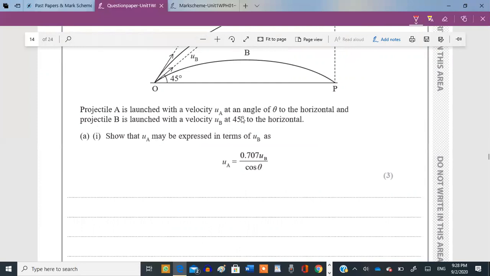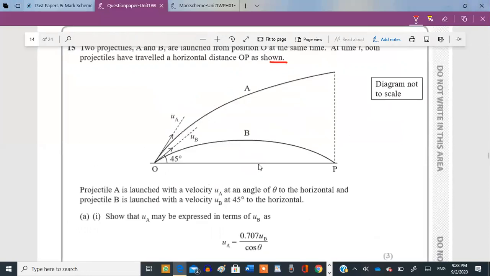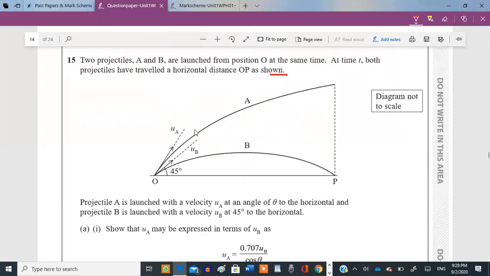B has been launched with this velocity at an angle 45. Show that UA may be expressed in terms of UB in the following way. Okay, we just need to show that UA equals 0.707 times UB upon cos of theta. So let's see. Okay, this is 45 and this entire angle is theta.